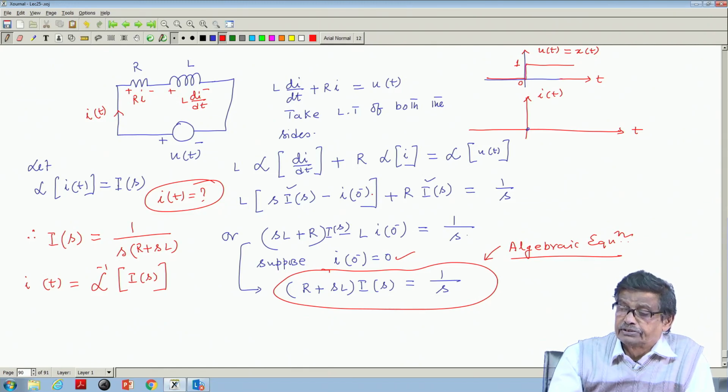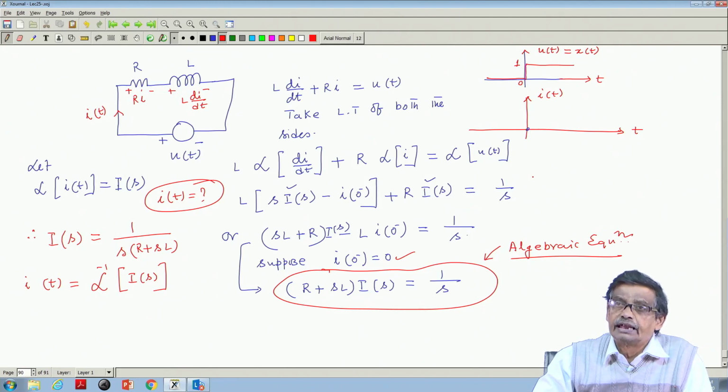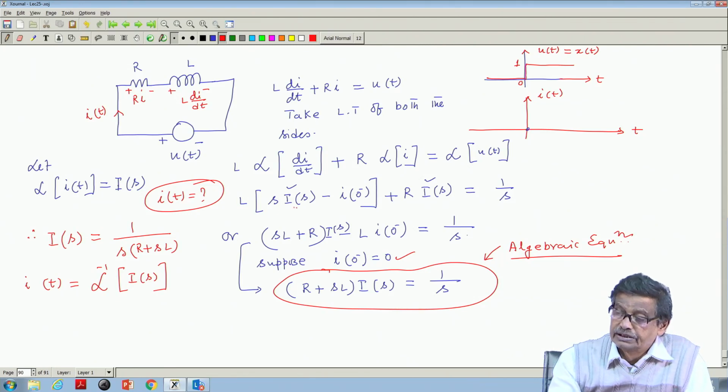Take the Laplace transform of both the sides of the differential equation. This formula is to be remembered: Laplace transform of dx/dt is s X(s) minus x(0). Using that formula, instead of x you take i, and the Laplace transform of the input signal must be a known signal, so 1 by s. Then manipulate these terms, this is an algebraic equation.